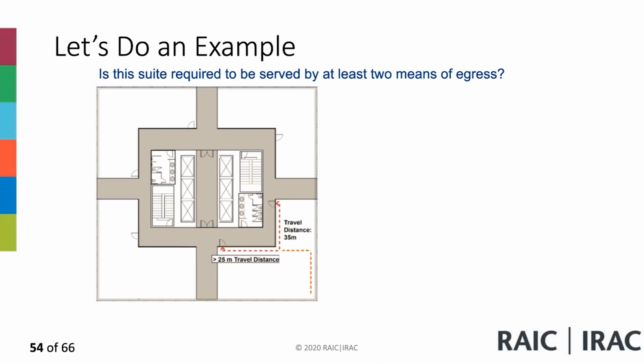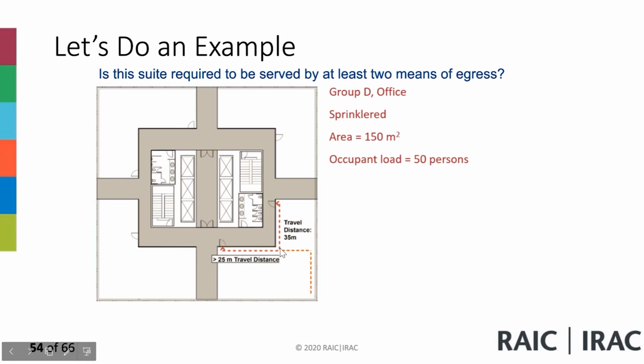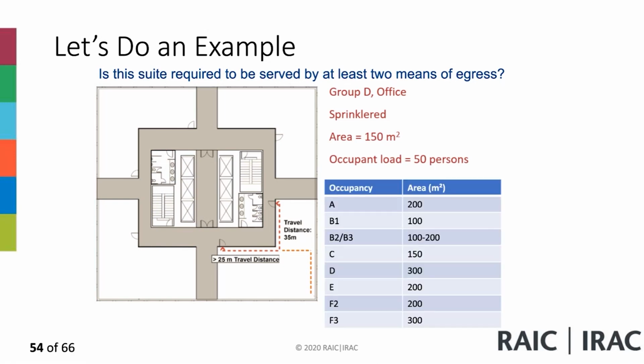Okay, let's take a look at that. So this is the opposite. We have a group D office, sprinklered, area 150, occupant load is 50. Is the suite itself required to have 2 means of egress? It's a D occupancy, 150 square meters. I've got an occupant load of 50, and this is sprinklered, so it's less than 60.